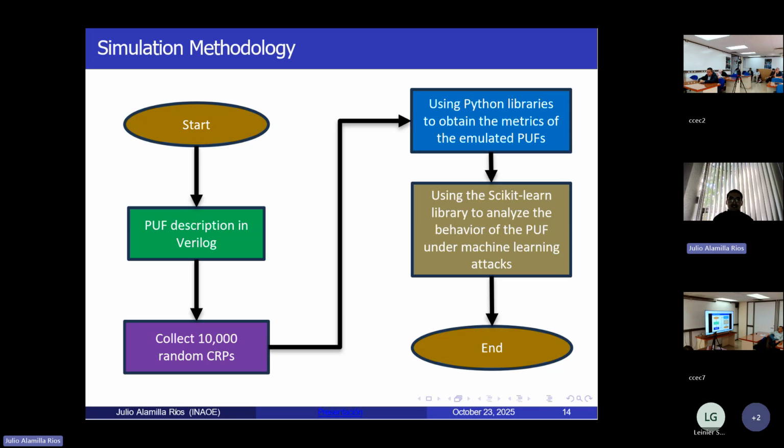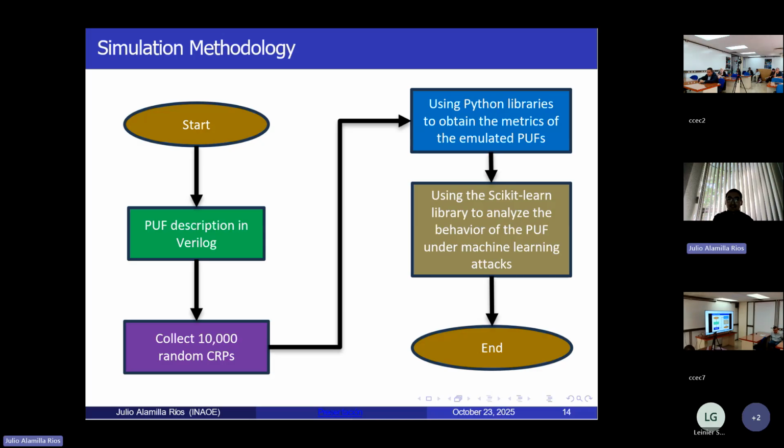Additionally, random delays ranging from 10 to 40 nanoseconds were introduced to emulate physical process variations. The responses were then analyzed using Python libraries, where the main PUF performance metrics were evaluated.